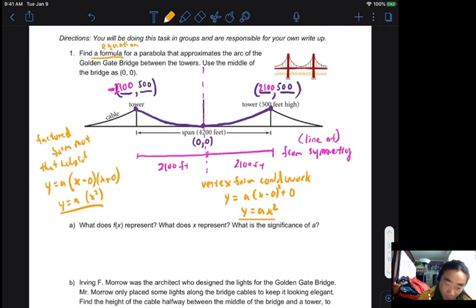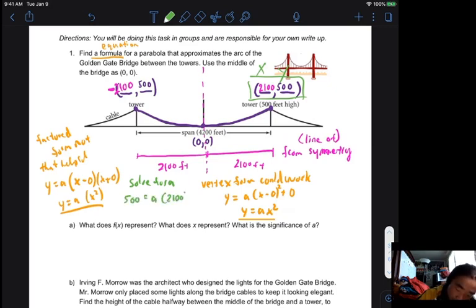From here, it's like before. You can solve using a point. So we can use this point over here in green. Let's use that point. So there's your x value, 2100, there's your y value, 500. So solve for a. y equals 500 equals a times 2100 squared.